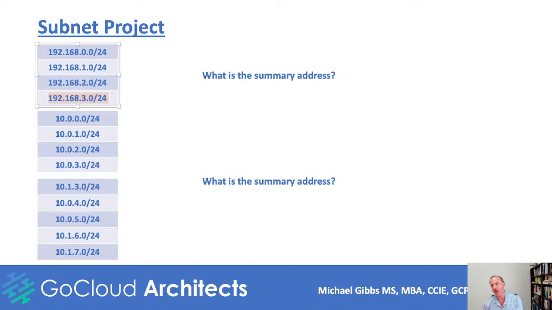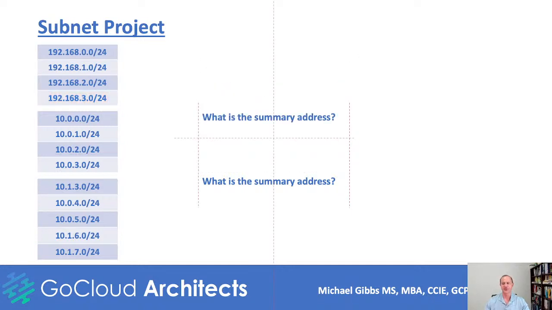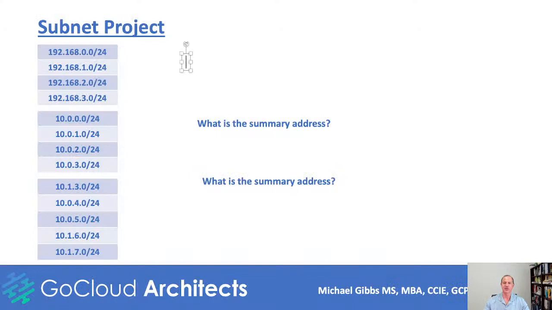So 254 times 4 equals what? I'll pull out my trusty iPhone. 254 times 4 is 1,016. That's how we got to the slash 22. That's how we did it. Now let's look at this.